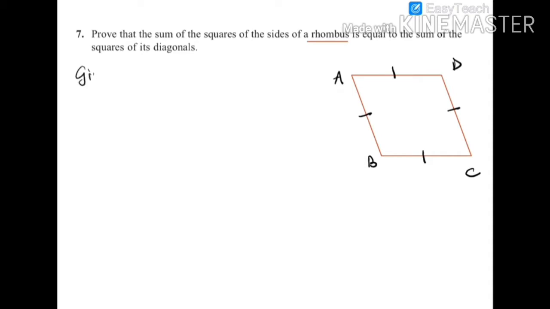So we are given that ABCD is a rhombus. And since we have written rhombus, we should know the properties, that AB equal to BC equal to CD equal to DA.